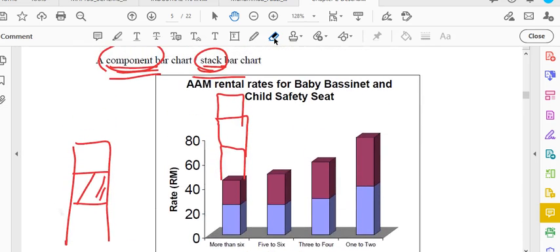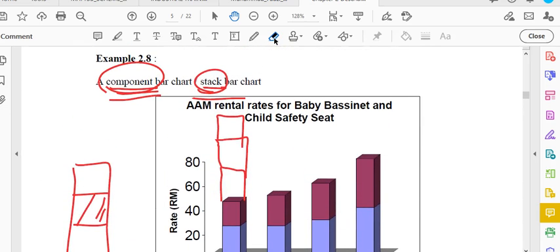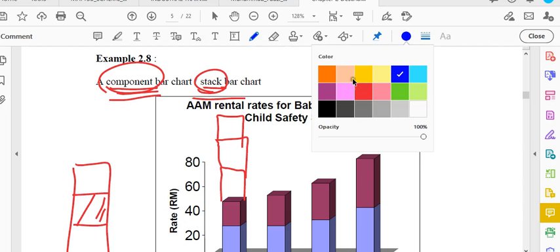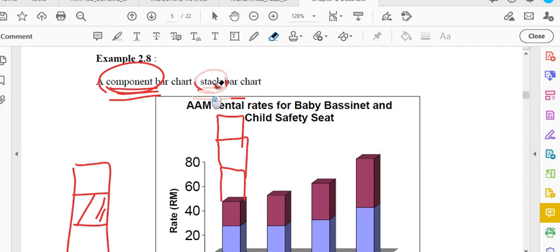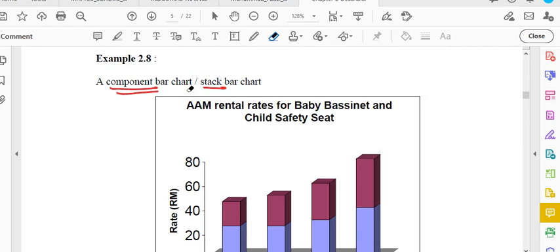Just something to share with you on how I remember it. Very simple, the clue is the word. Because students may confuse compound and component.